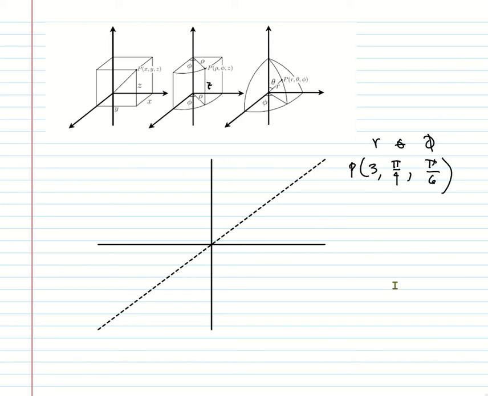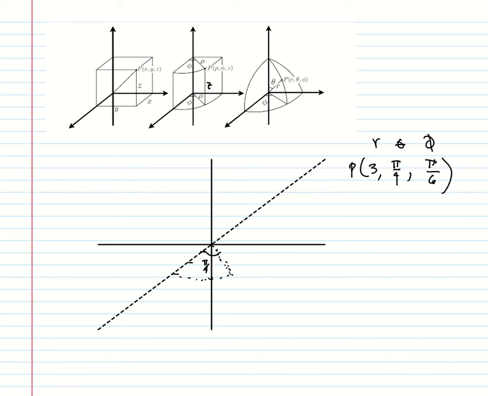So to plot this, we have an R of 3, so 1, 2, 3. We rotate this until we have this angle equal to pi over 4. Pi over 4 is around 45 degrees.